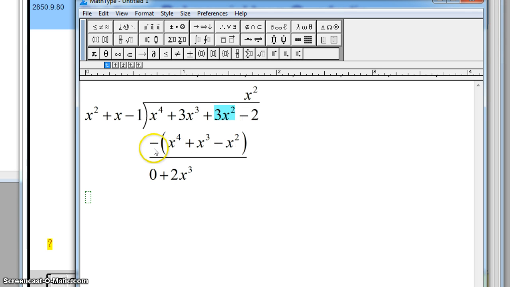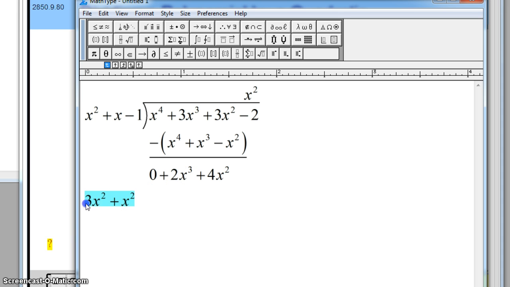Then 3x squared, and now here's the tricky part, minus x squared. So minus times minus is a plus. That's plus 4x squared.